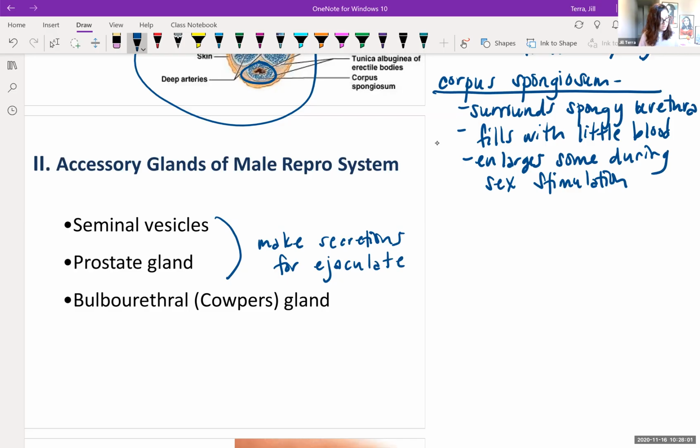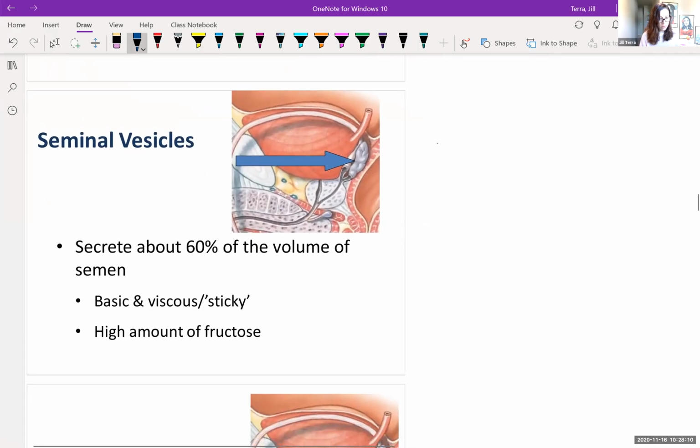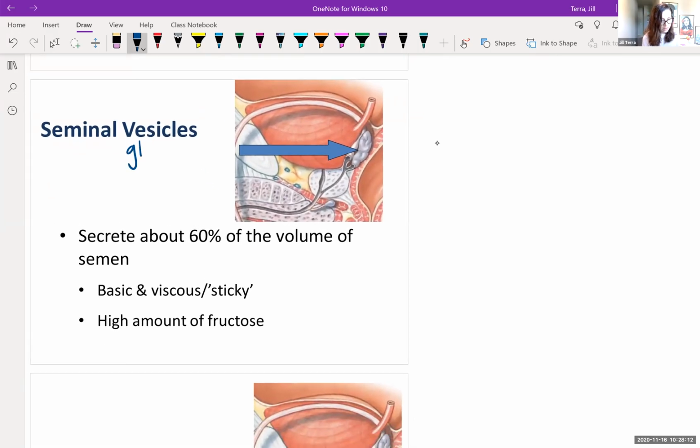Whereas this third one does not. So we're going to go through systematically and talk about each of these different accessory glands. Okay, first one are called the seminal vesicles, or also called the seminal glands in some textbooks. Okay, so either is appropriate.